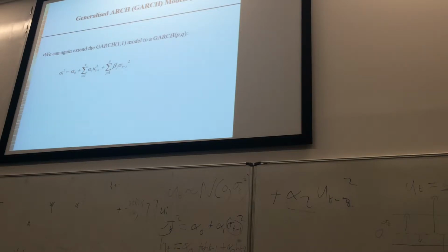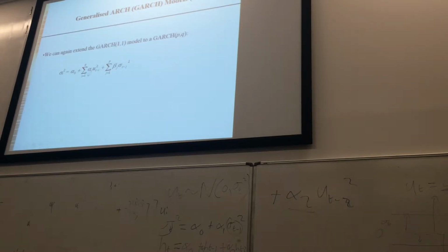Okay, so we saw how you got from an Arch 1 to an Arch 2 model. You just added in an extra lagged residual squared. You can do the same thing with a Garch model. You can basically add in extra lagged versions of both.